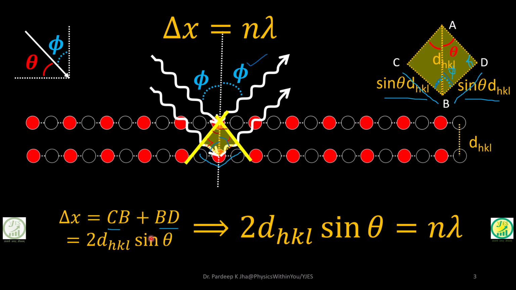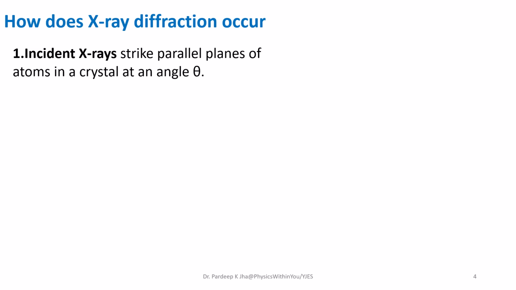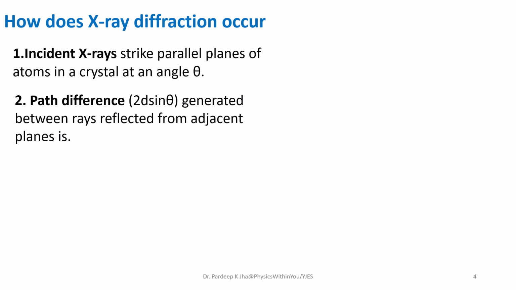For the diffraction pattern to occur, we have to satisfy these two to be equated, and we get this relation. So this is your Bragg's law. Let us summarize how X-ray diffraction occurs. An incident X-ray strikes the parallel planes of atoms in a crystal at an angle of theta, where theta is the angle between the incident ray and the lattice planes, not with the vertical.